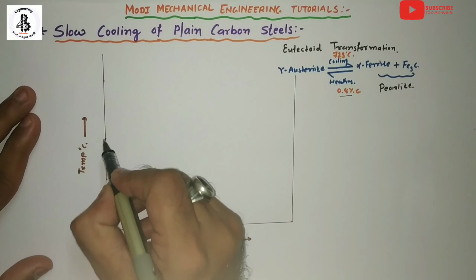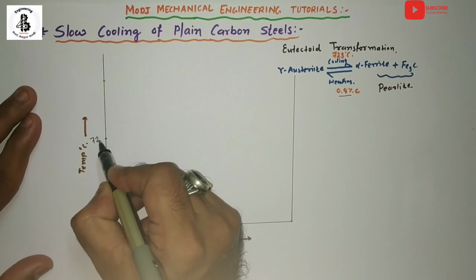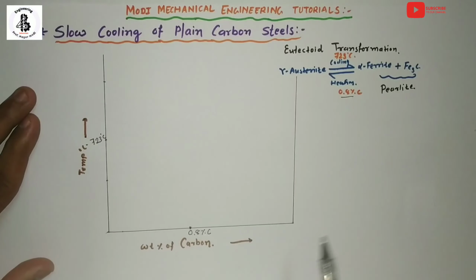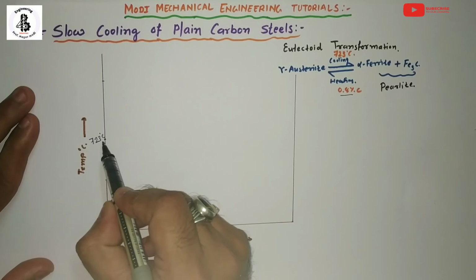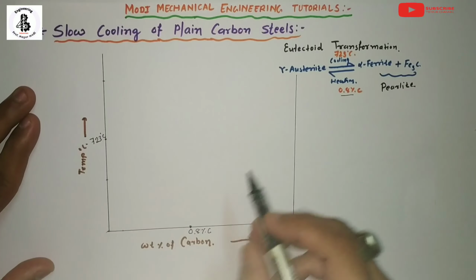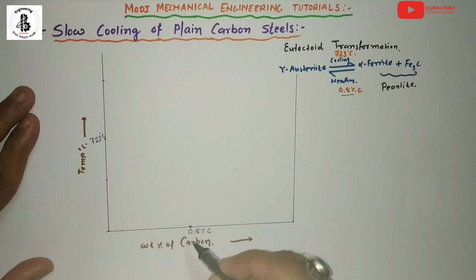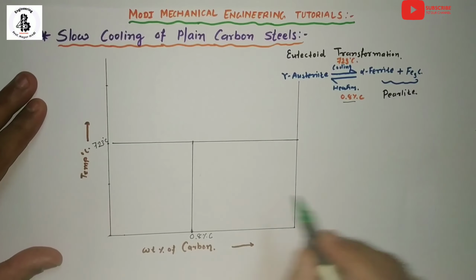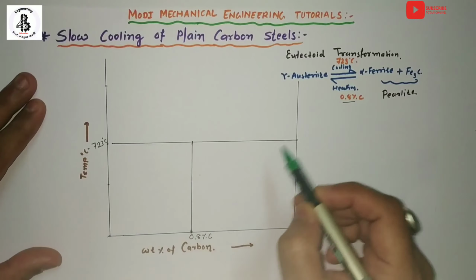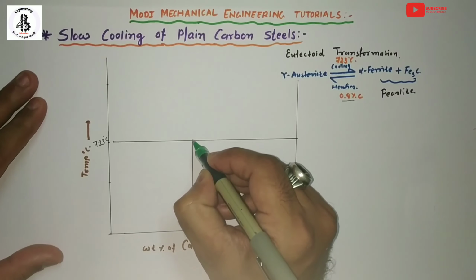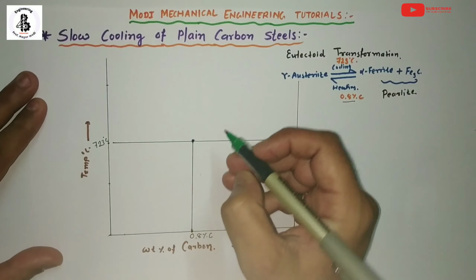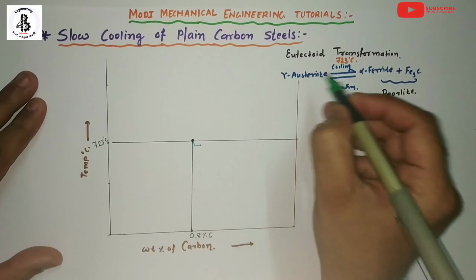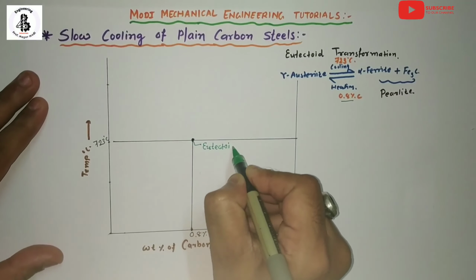Make one horizontal line from this temperature and one vertical line from the composition line. By making these lines, you get one intersecting point. This point is known as the eutectoid point.